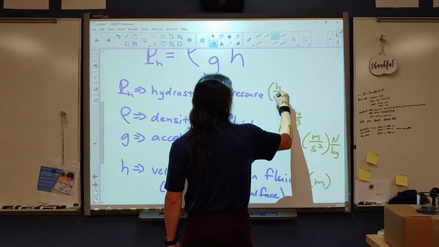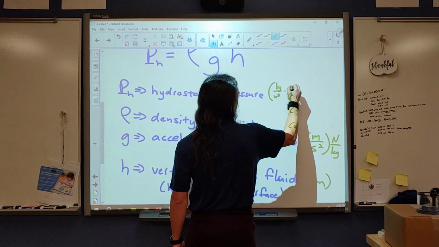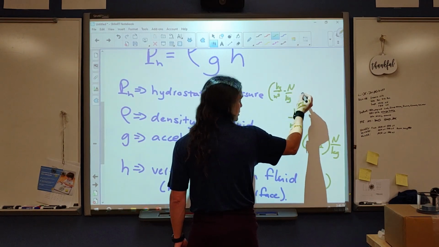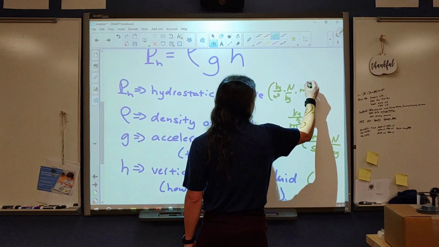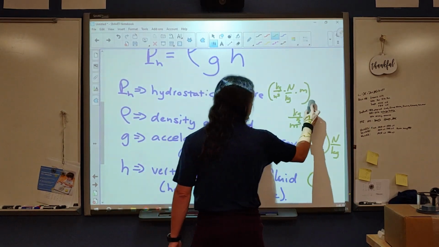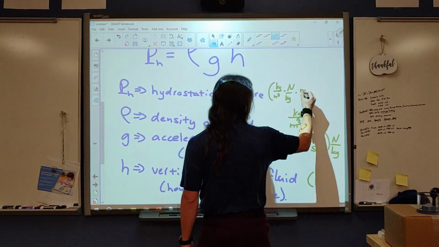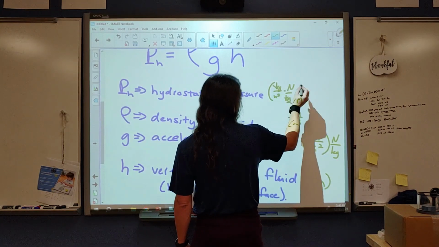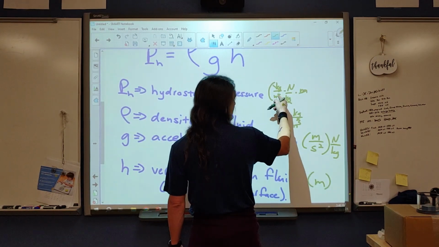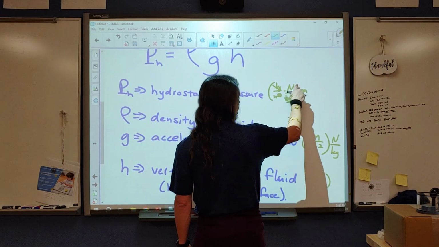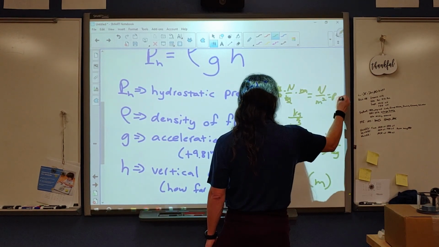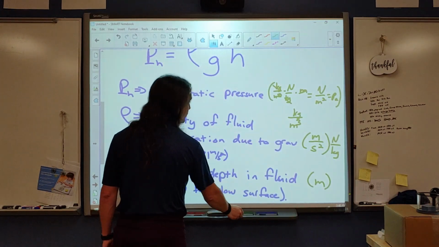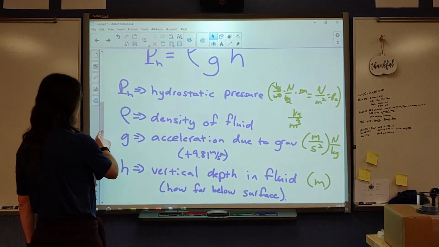I've got kilogram per cubic meter, times Newton per kilogram, which is another way of writing meter per second squared, times meter gives us the following. Okay, my kilograms cancel out. One of my meters cancels out, so instead of cubed, I have squared. Newton per meter squared, which is in fact a Pascal. So here's where our units end up working out.